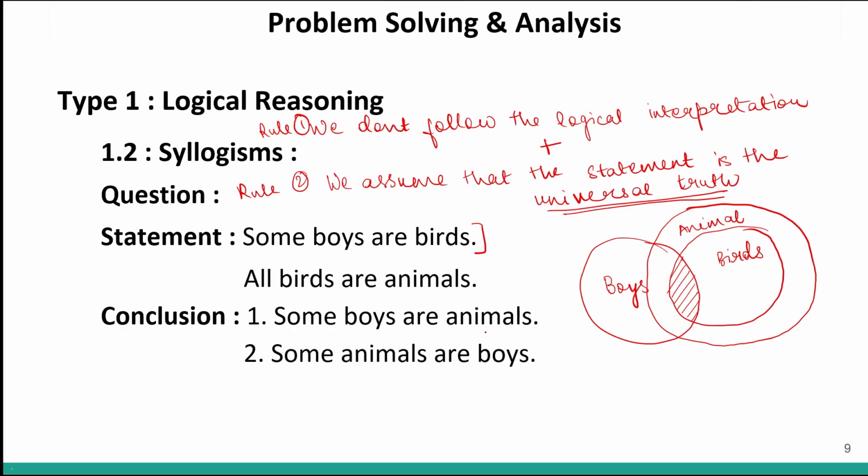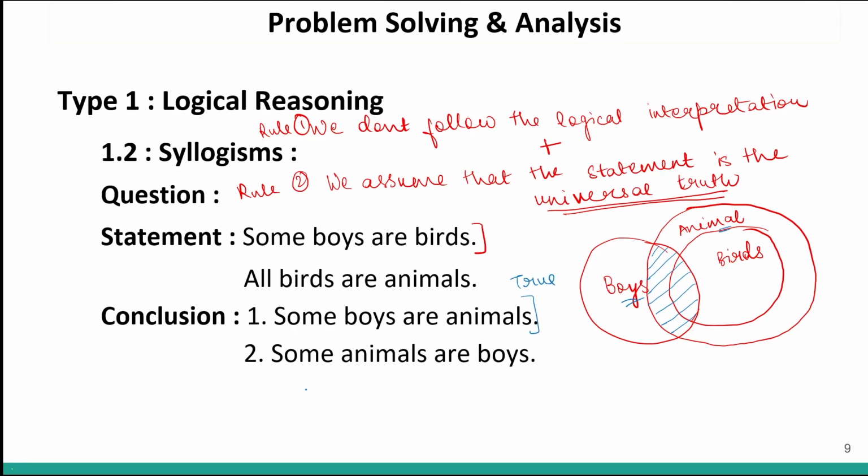Some boys are animals. So if you look at this portion, let me highlight it with the different pen. Okay, if you look at this, some boys are animals. If you look at this portion, there is overlapping between boys and animals. Correct? So some boys are animals will be true.